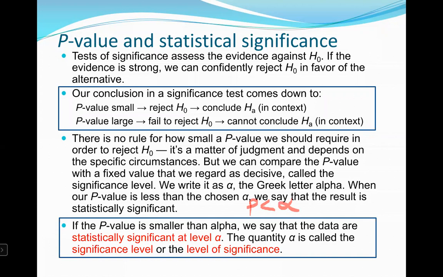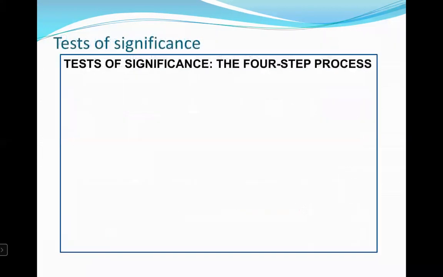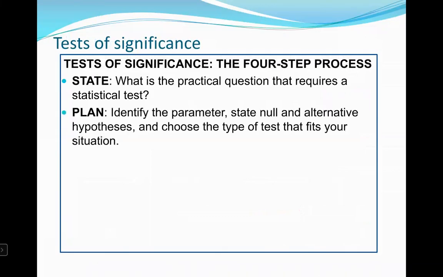If the p-value is smaller than alpha, we say that the data are statistically significant at the level alpha. The quantity alpha is called the significance level, or the level of significance. And we're often given that value alpha.